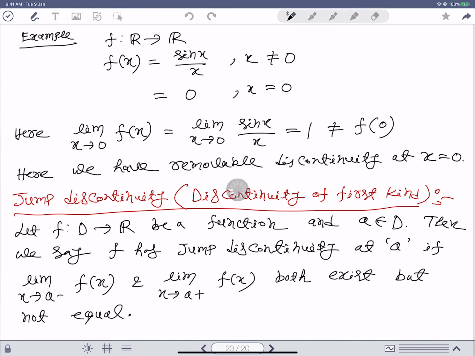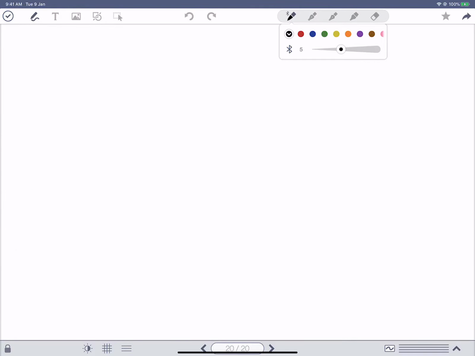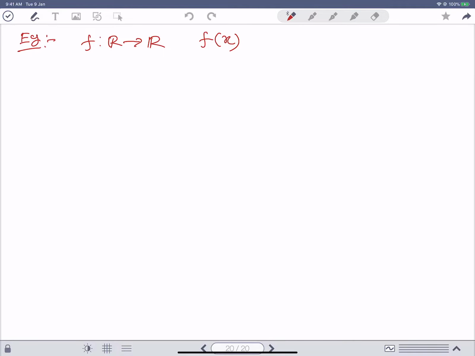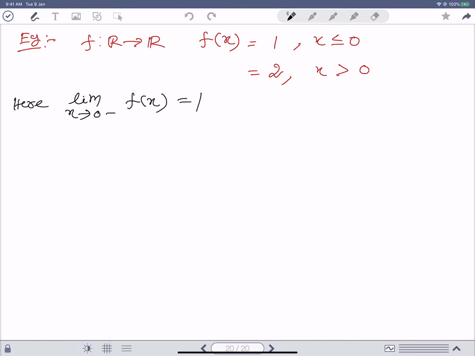Okay, for an example, if we take f from R to R defined by f of x equal to 1 when x is less than or equal to 0, equal to 2 when x is bigger than 0, right? Now here you can check that limit x tending to 0 minus f of x equal to 1 and the limit x tending to 0 plus f of x equal to 2, right?